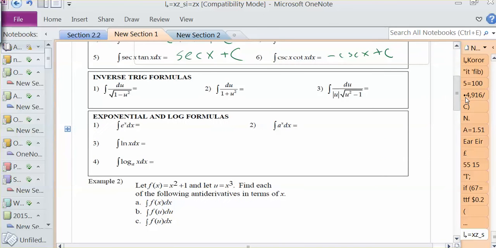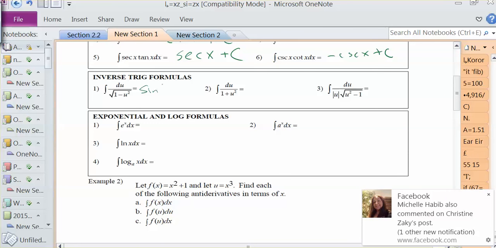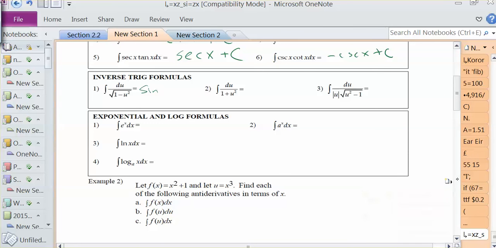For inverse trig formulas, hopefully you recognize, sorry for the Facebook notification there, that we have 1 over root 1 minus u squared is the inverse sine of u plus c, because that's the derivative of inverse sine of u, and it could be any letter, remember.